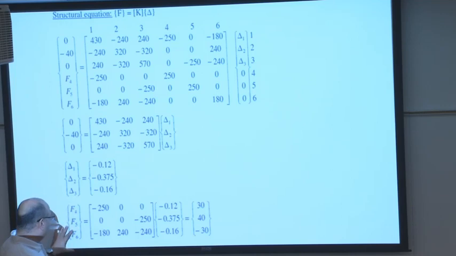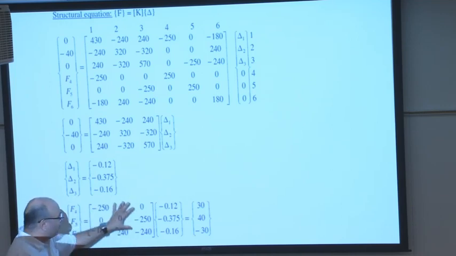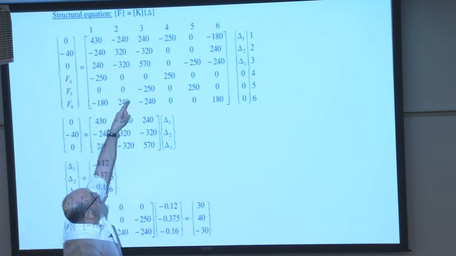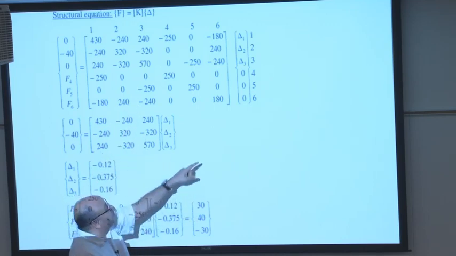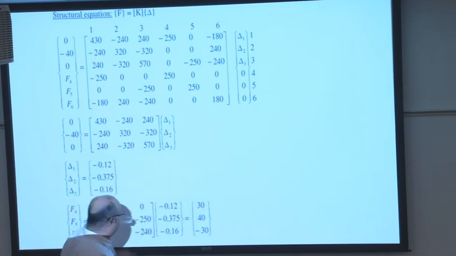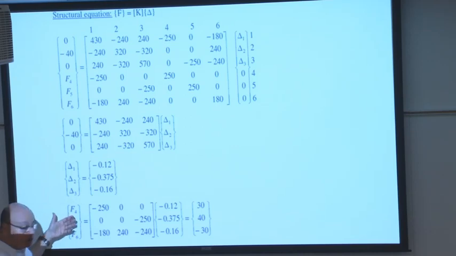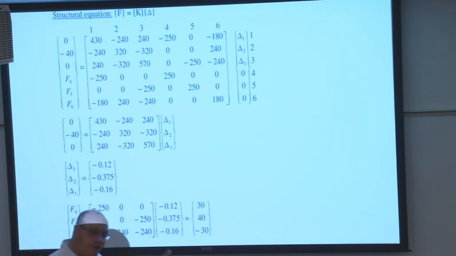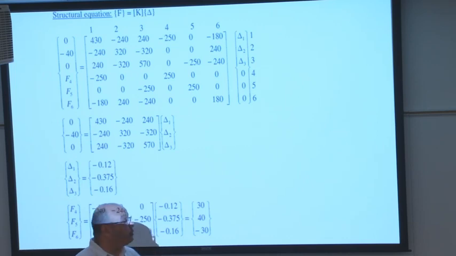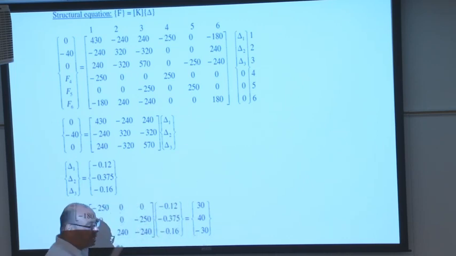The forces F4, F5, F6 equal the 3 by 3 submatrix, which is right there, multiplied by these displacements right there. And when you solve this, you are able to find these force reactions F4, F5, F6. So we achieved 2 goals now for this truss. We were able to find displacements, delta 1, delta 2, delta 3, and we were able to find support reactions.